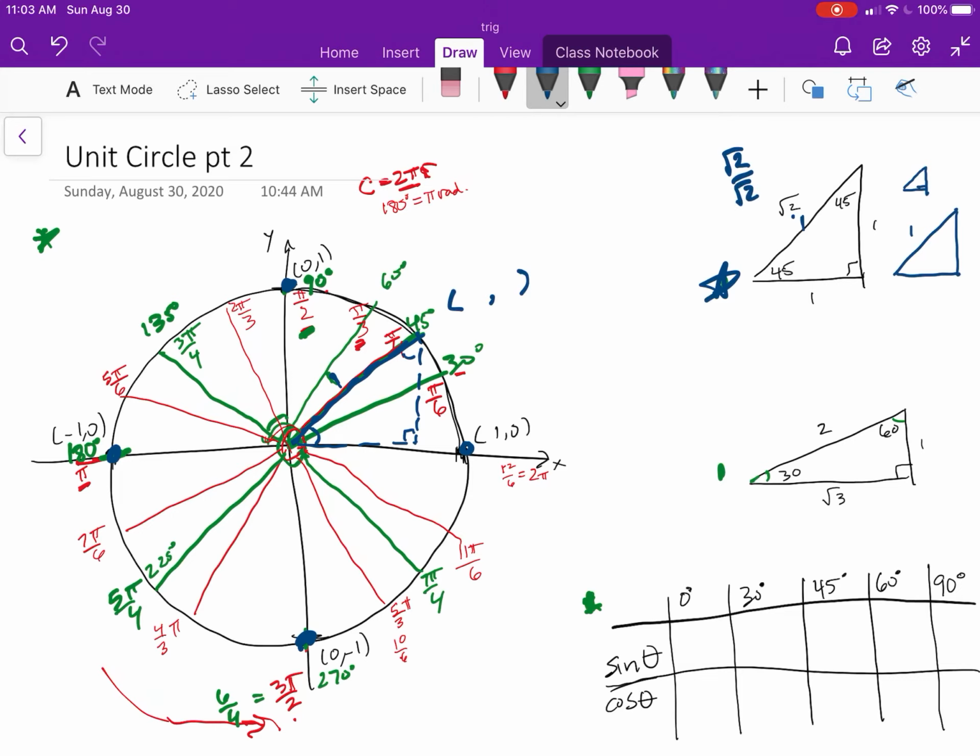So square root of 2 over square root of 2 is 1. Well, 1 over square root of 2, that's not rationalized, so typically we rationalize it by multiplying by root 2 over root 2, and we get root 2 over 2. Well, that's both of these sides, right, because they're the same. They both were 1, now they're both root 2 over 2.